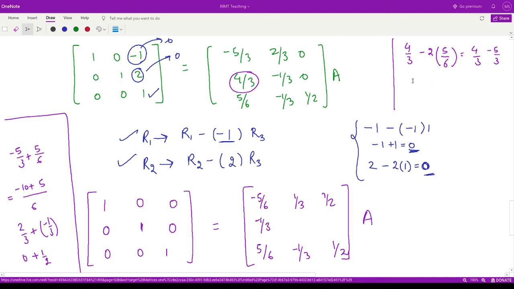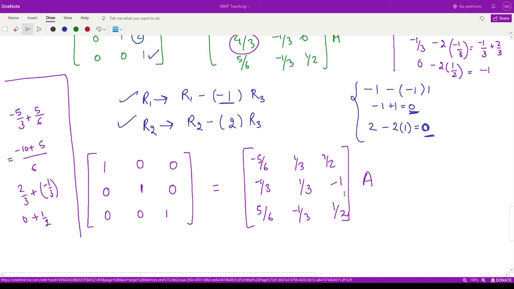For the second element, it would be R2, that is minus 1 by 3, minus 2 times of R3, that is minus 1 by 3. So minus 1 by 3 plus 2 by 3, so that would be 1 by 3, right? And for the last element, we have R2 as 0 minus 2 times of R3, that is 1 by 2. So we have minus 1 here, right?